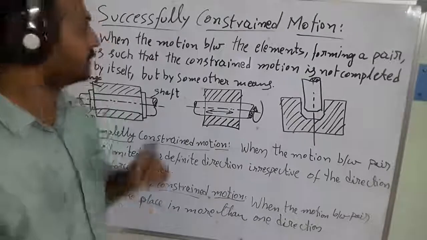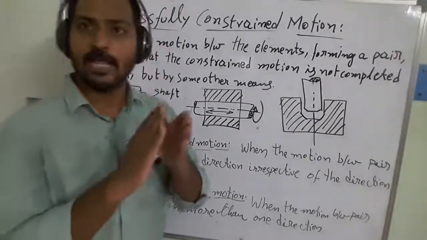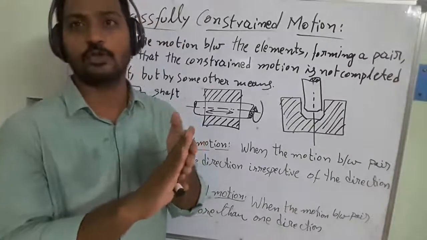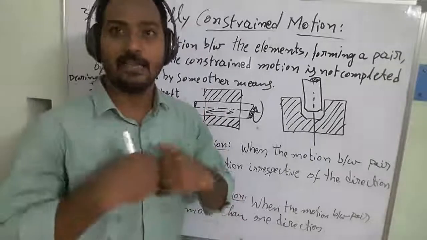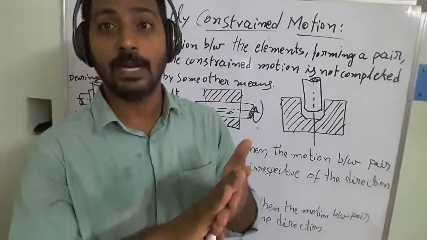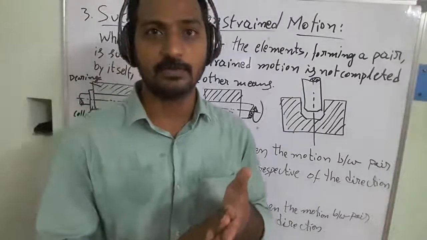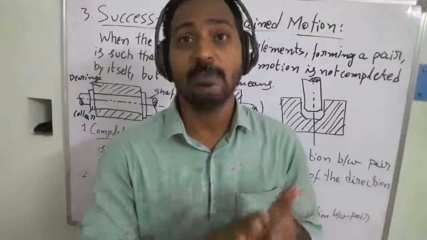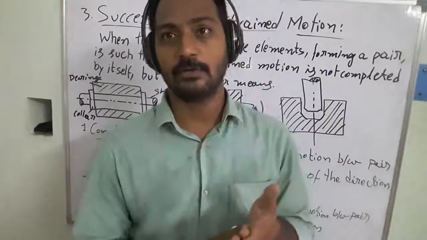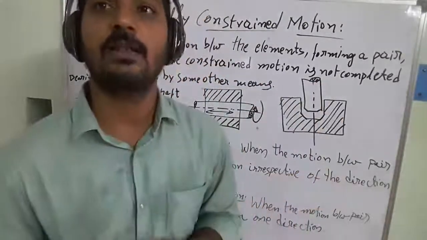So, the kinematic pair must have a relative motion, but by itself cannot maintain the definite direction of motion; by other means, some external force applied on that system keeps it in constrained motion.